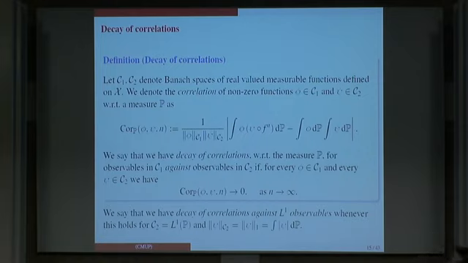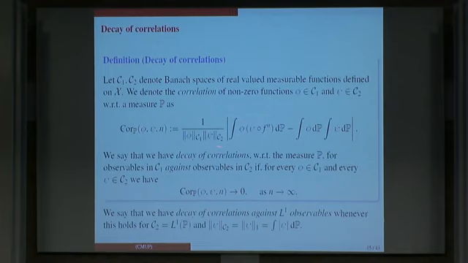So we consider two Banach spaces, C1 and C2, and we now consider these observable functions phi in C1 and psi in C2, and we measure the correlation between phi and psi after n steps, simply by computing the covariance with respect to the invariant measure P, and dividing by the norm of phi and the norm of psi, so that you get a correlation factor.